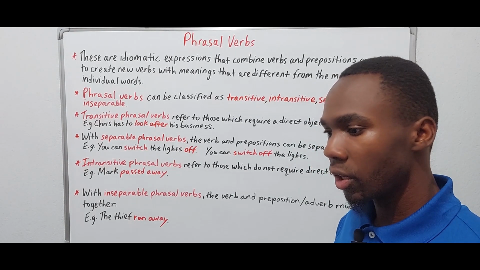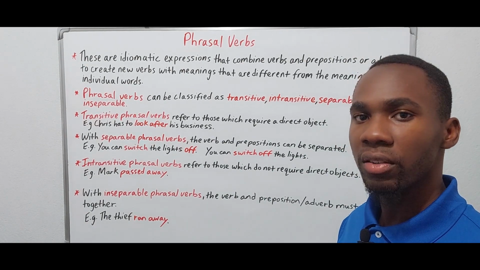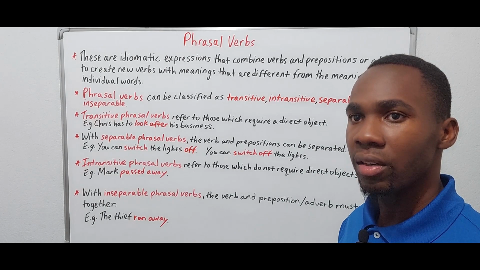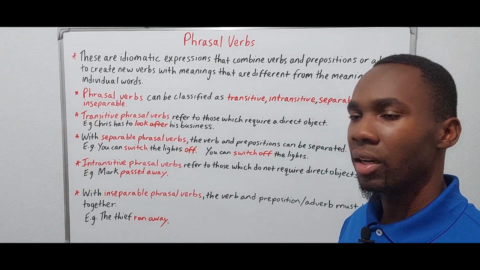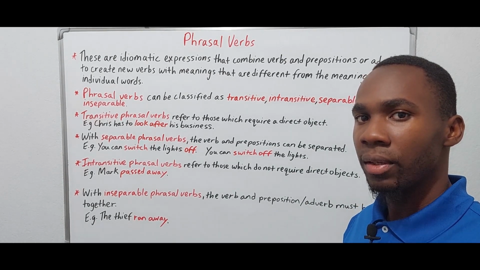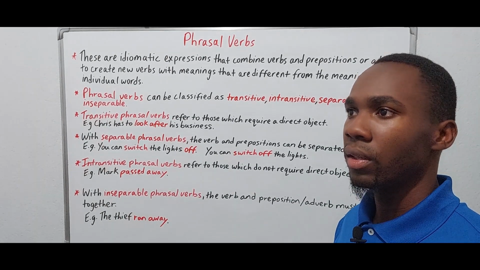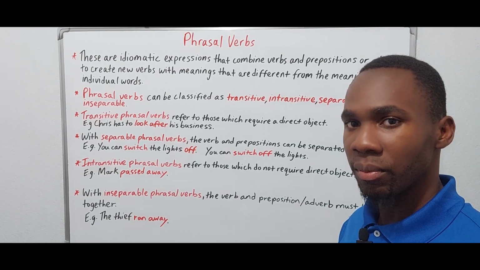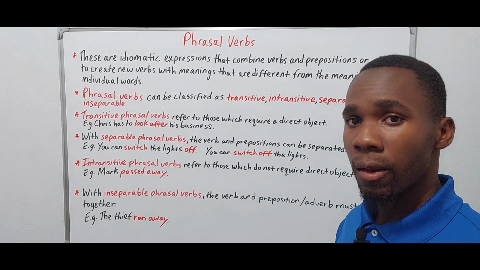Now, phrasal verbs are often better to use in informal contexts, because of the fact that you're having verbs and prepositions and adverbs right together, it can produce misunderstandings at times because prepositions in general and adverbs are difficult.